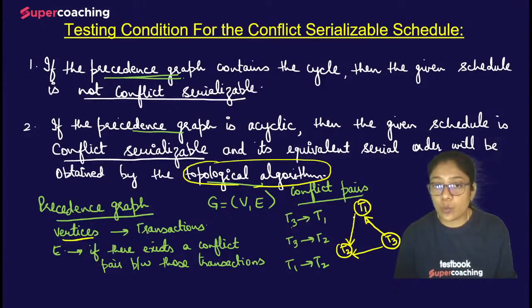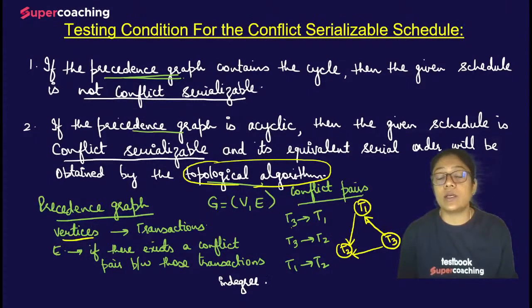T3 में there is one in degree, एक edge आ रही है T3 से T1 की तरफ and एक edge बाहर जा रही है. So in degree and out degree both are one here. For T2 in degree is 2. We are looking for in degree 0. We can only delete the vertex where the in degree is 0.